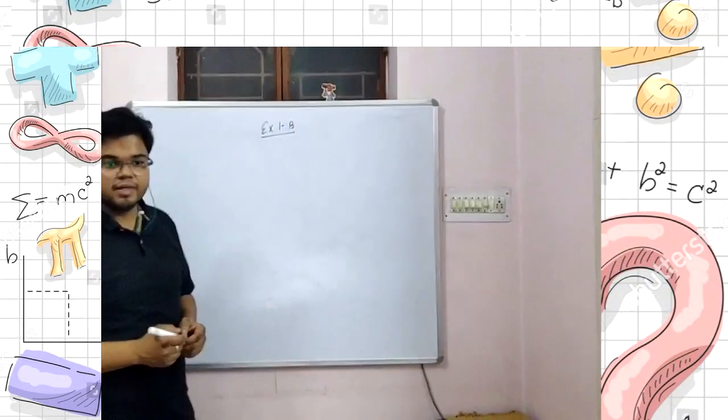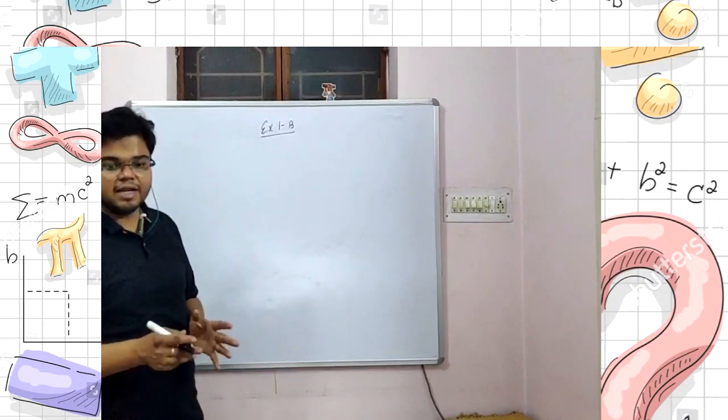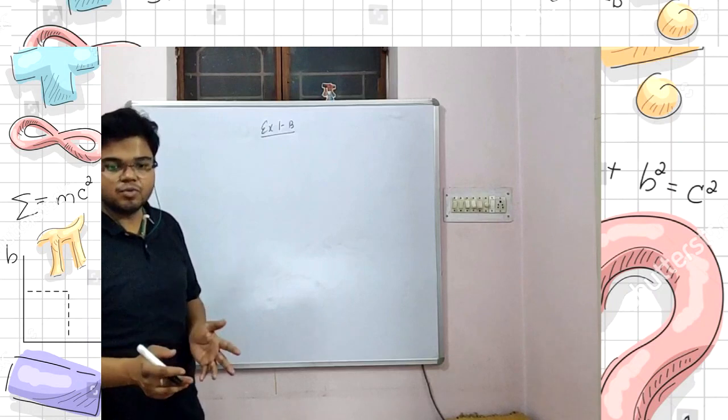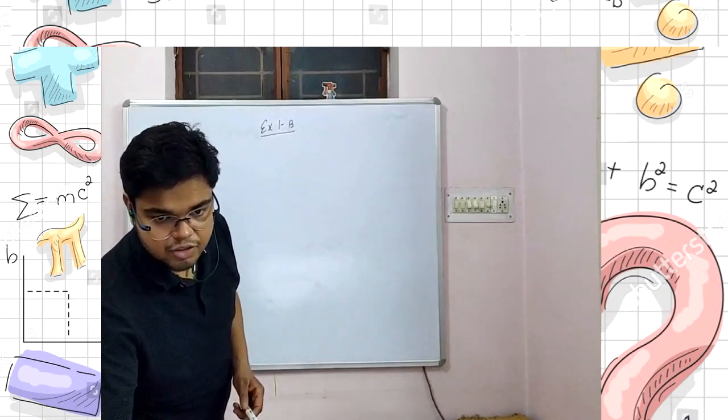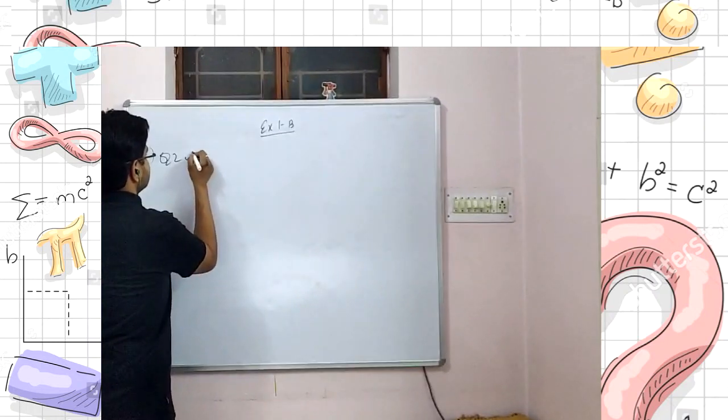Now children, in question number 2, we will be verifying the LHS and RHS, whether they are equal or not. So in question number 2 we will be looking into the second part.